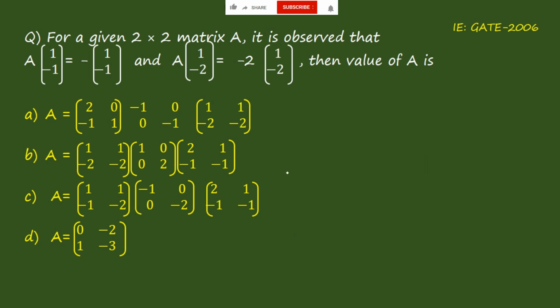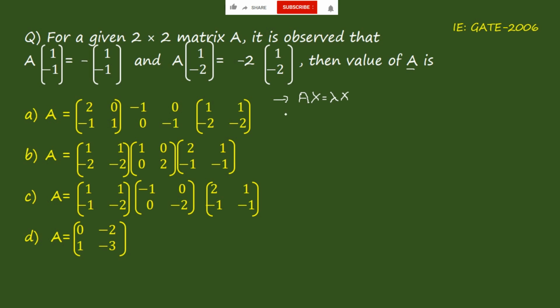Now coming to the question. The question is, for a given 2 cross 2 matrix A, it is observed that A into a column matrix is equal to minus of some column matrix, and A into some column matrix is equal to minus 2 times a column matrix. The value of A is, okay. Now if you see this, it is in the form of A x is equal to lambda x.